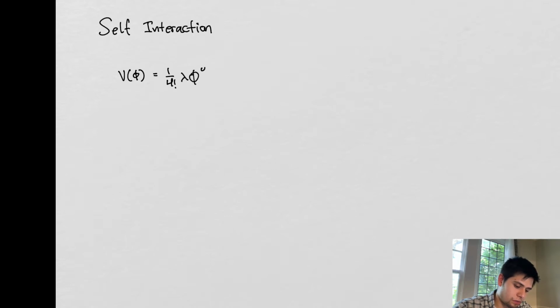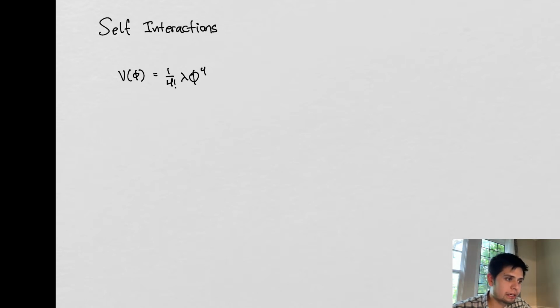So recall in an earlier video that we had talked about the potential looking like this. No, actually, I need to put a constant like this. And so, self-interactions. This was the pendulum. This came from the idea of accounting for a pendulum activity.